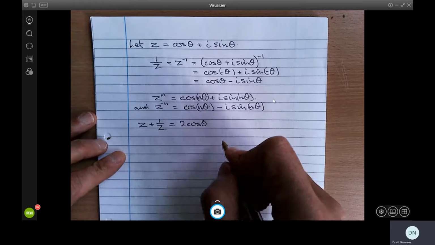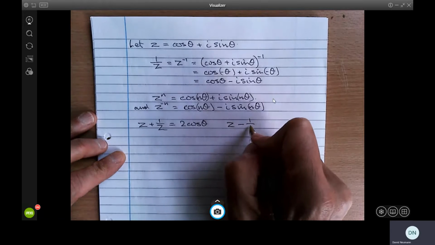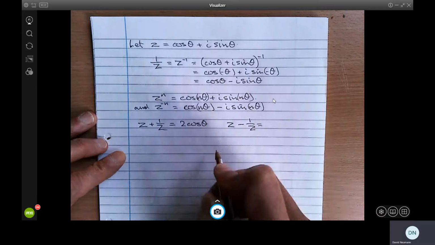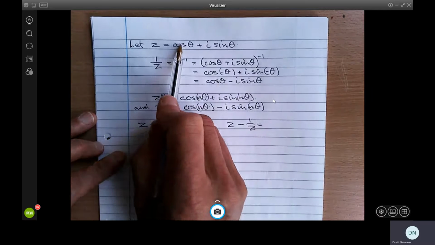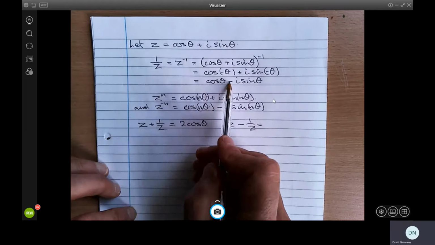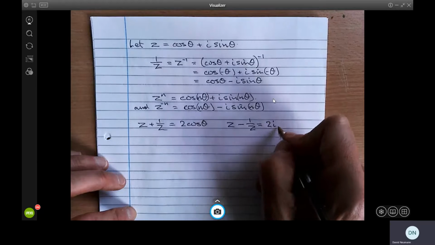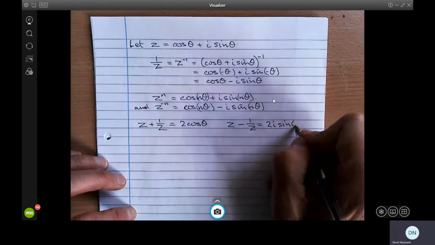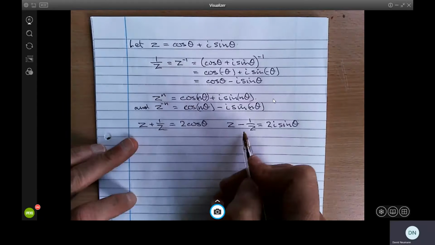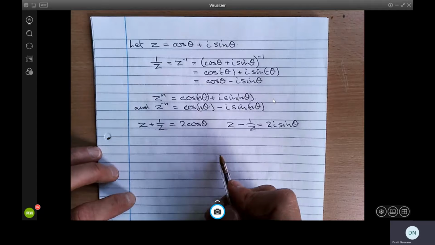We also get Z minus 1 over Z. Well, if we do that, now cos theta minus cos theta, those cancel each other out. We've got i sine theta minus minus i sine theta, so that's equal to 2i sine theta. So those two things are very useful. We'll see why in a moment.